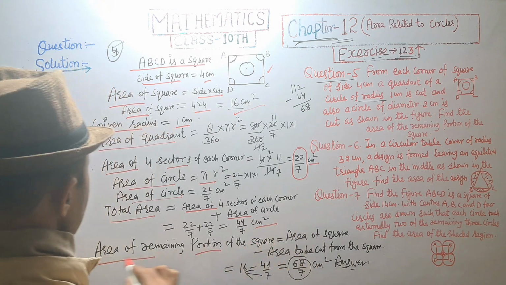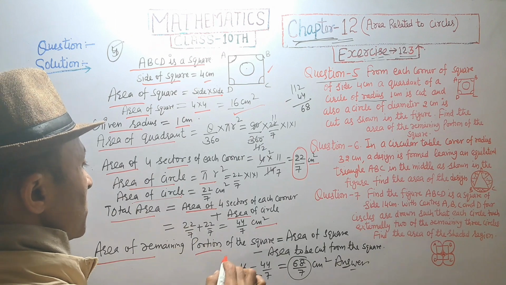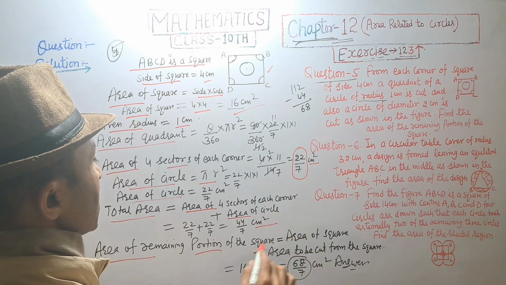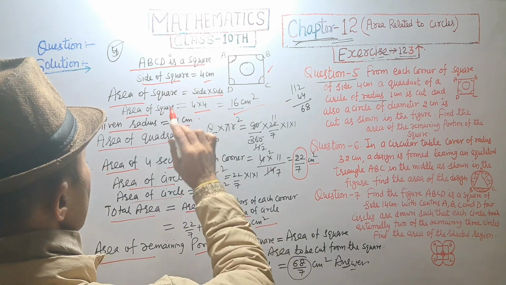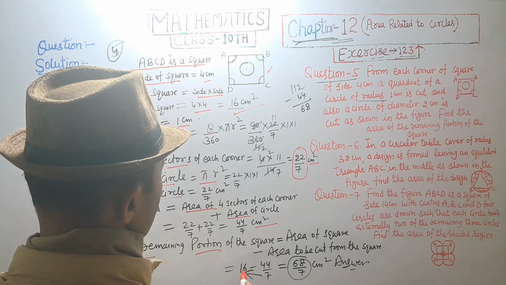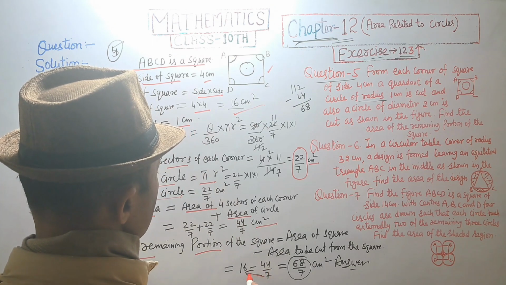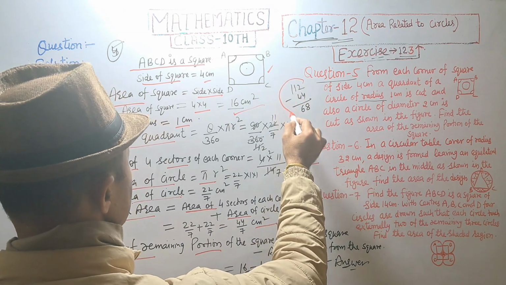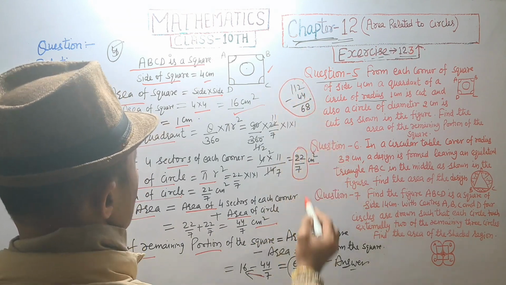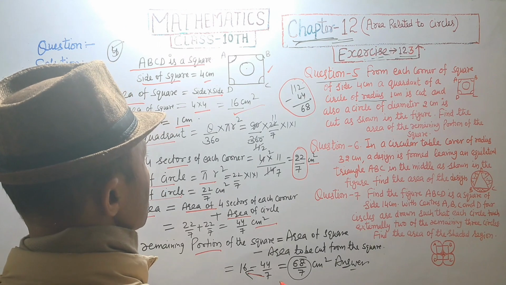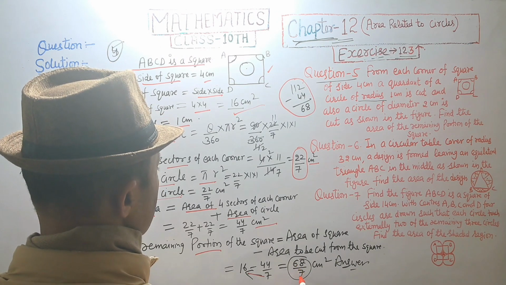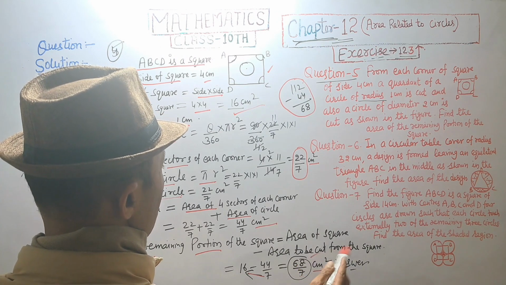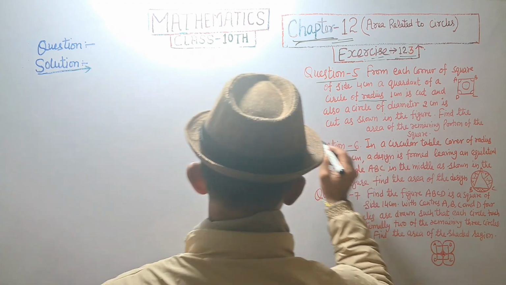Area of remaining portion of the square is area of square minus area to be cut from the square. 16 minus 44 upon 7. 16 7s are 112 minus 44, that is equal to 68 upon 7 centimeter square. Answer.